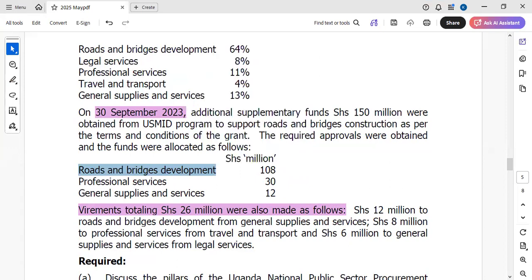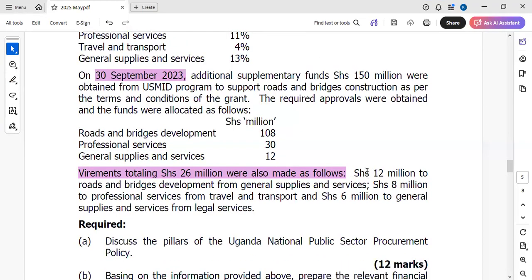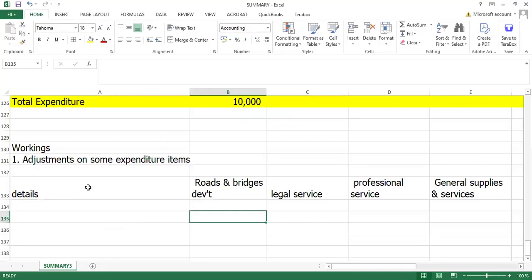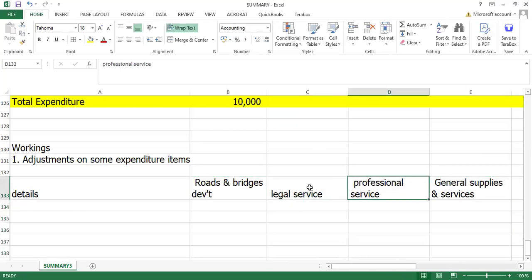We have already the column for general supplies. That is okay. Even these ones regarding environments, we already have. So we don't need to add another column. We don't need to add the human resource column because there is no adjustment. What about travel and transport? Don't we have it? No.